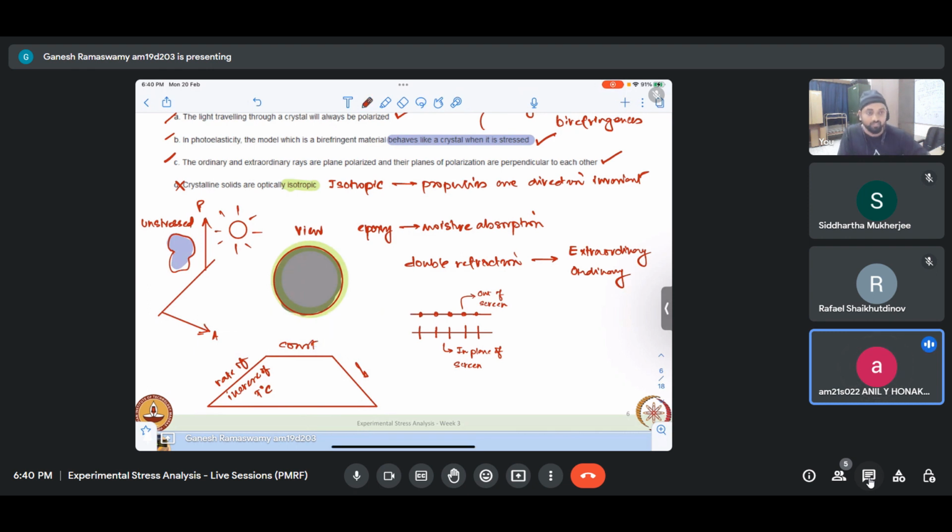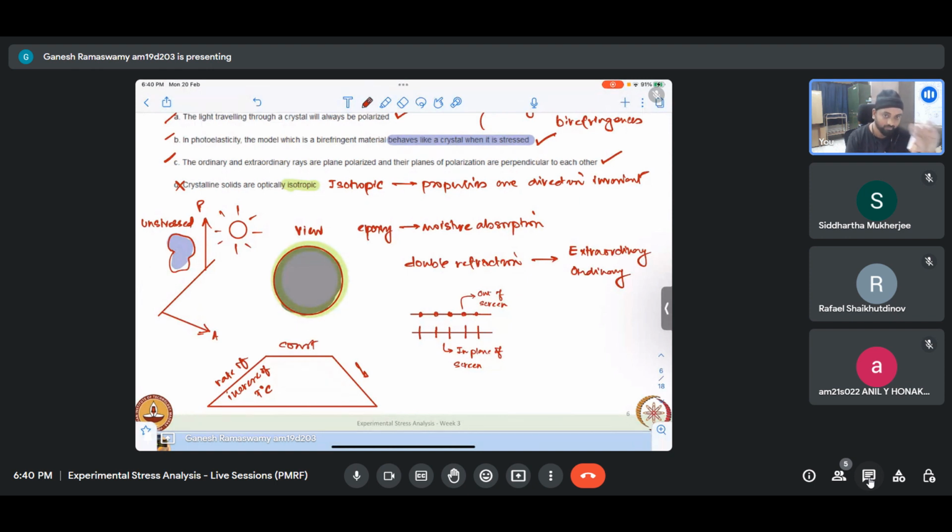Yeah, by the fringes, yes, exactly. So in an unstressed condition, it should not show any colors, or it should not transmit any light. When we place it in a plane polarized arrangement, ideally it should not allow any light to pass. In which case, even if the model is birefringent, in a stress-free condition the entire thing should be black.